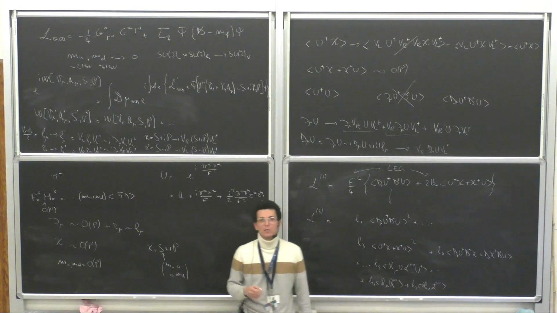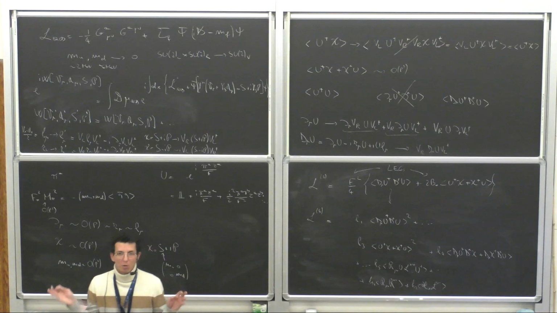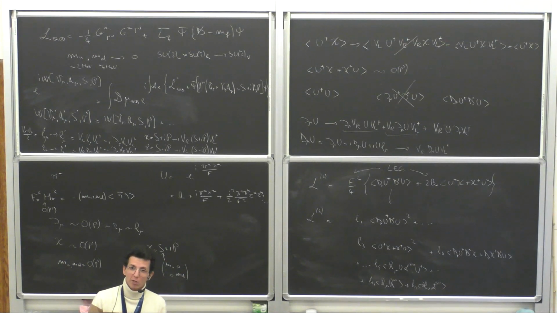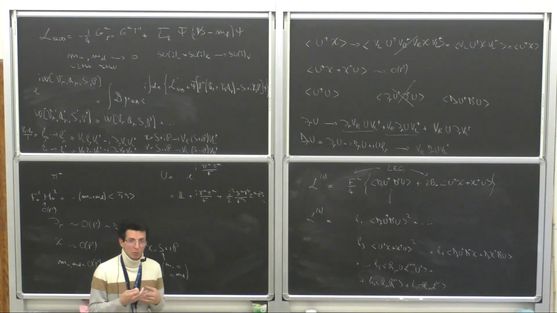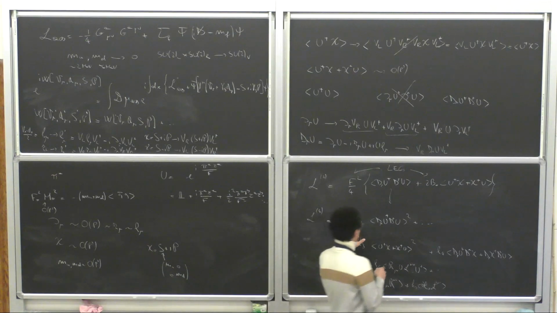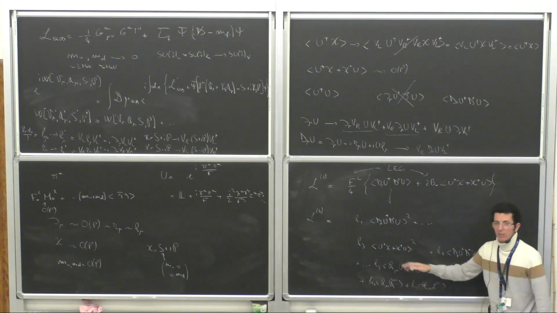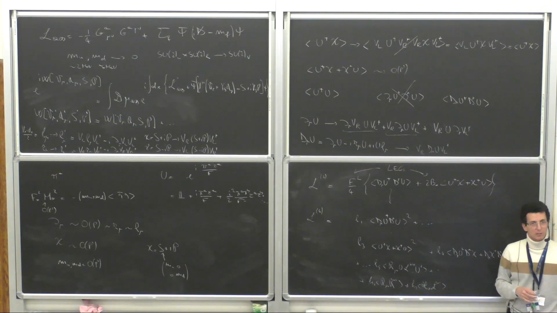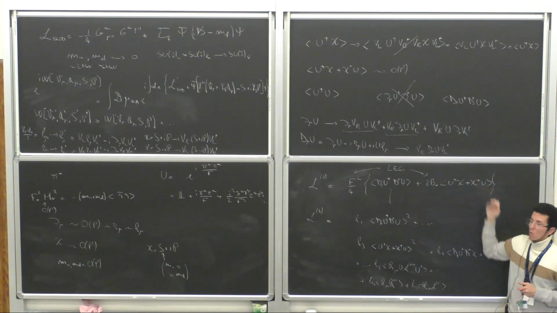Okay. The rules of the game is to write down all possible independent terms which scale as the 4th power of this soft momentum. This L1, L2, L3, L5, there are six independent terms, L6. They are called low energy constants.